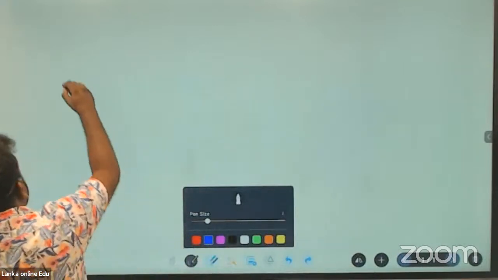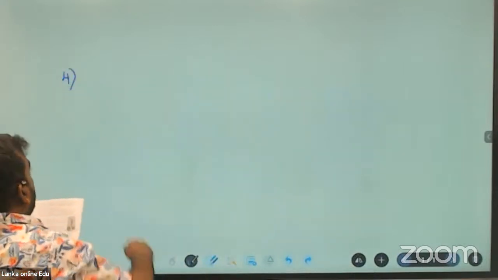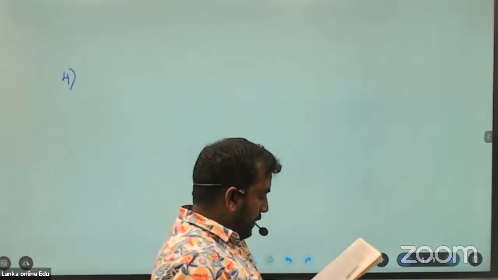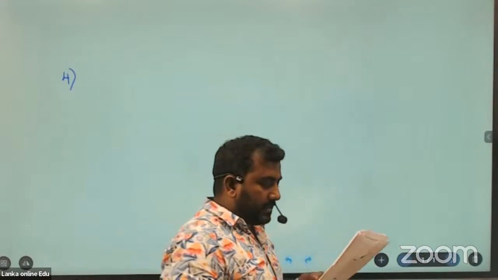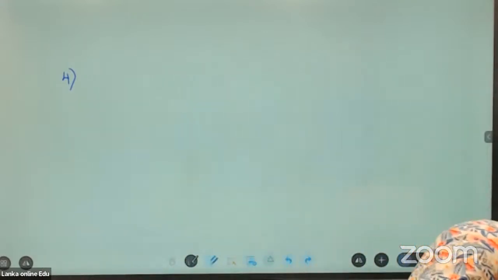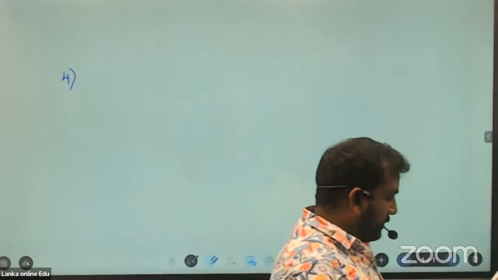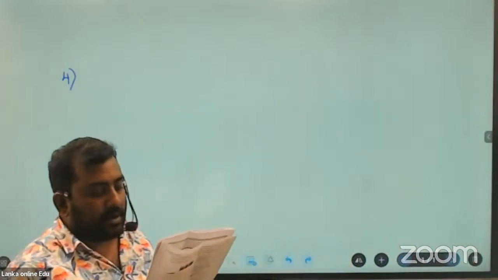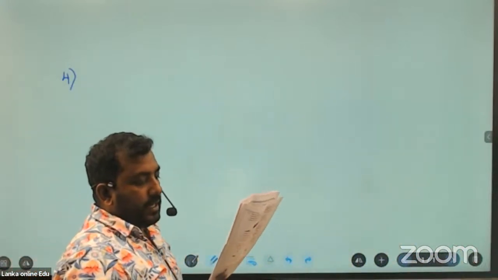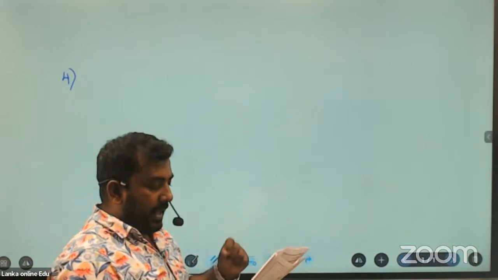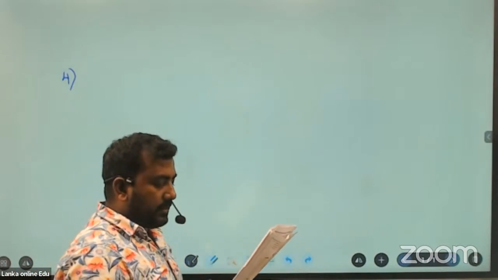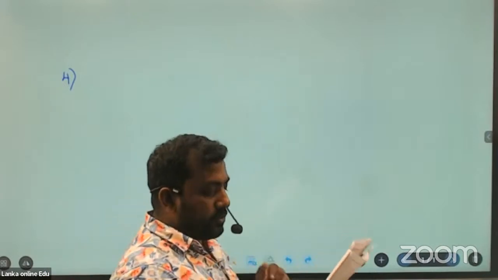Have a look. Question number 4. Total mass of a train with the locomotive is 4 × 10⁵ kilogram. Due to the force exerted by the locomotive, the train accelerates on the horizontal path from rest to a velocity 54 kilometers per hour.